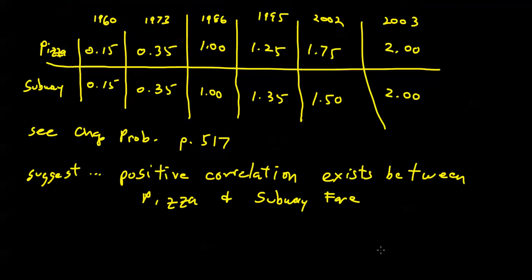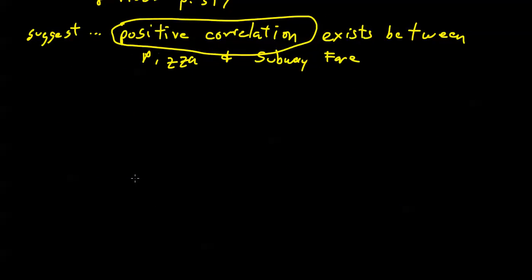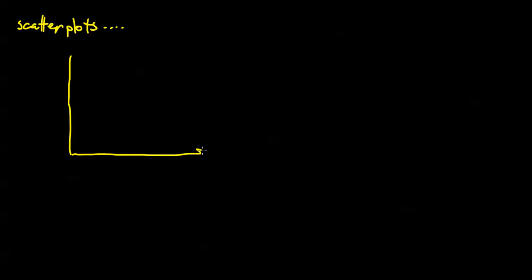Alright, well, what do we mean by positive correlation? Well, in wide strokes, that means as pizza goes up, subway fare would go up. Alright, so let me sharpen up that concept of positive correlation. If we graph what we call scatter plots of pairwise data, well, we're always graphing one variable against the other, so you can have a two-dimensional graph here.